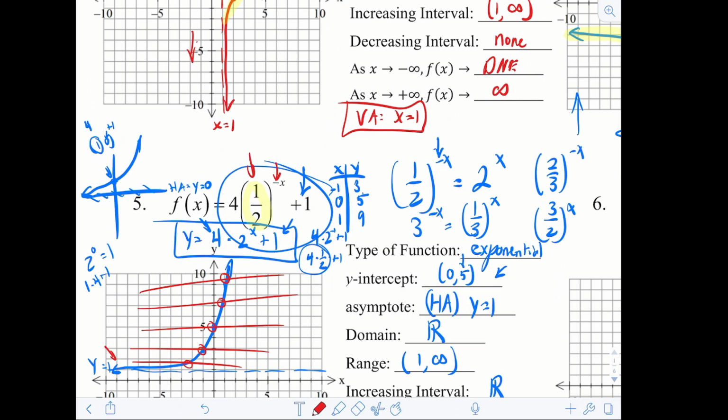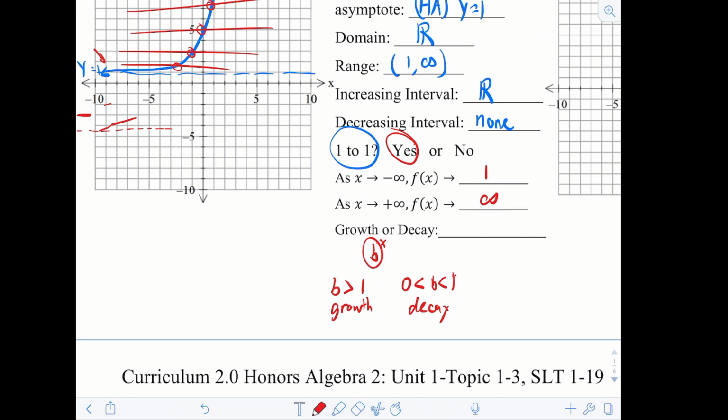So what you want to do is get rid of that negative x by flipping the fraction, or the b value, if I'm looking at this as y is equal to a b to the x plus d. Whatever the b value is, x has to be positive. So, is this exponential growth or decay? It is growth. And you can always just type this into your calculator and see how it actually looks.